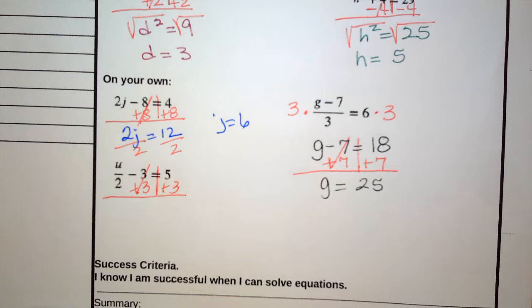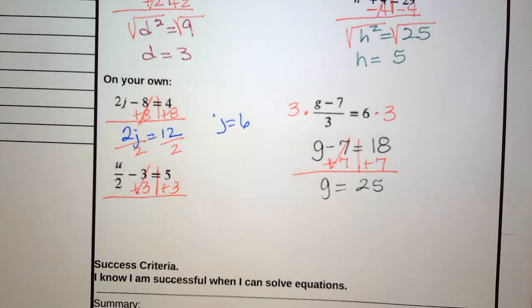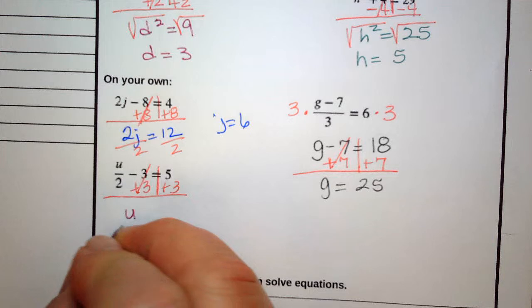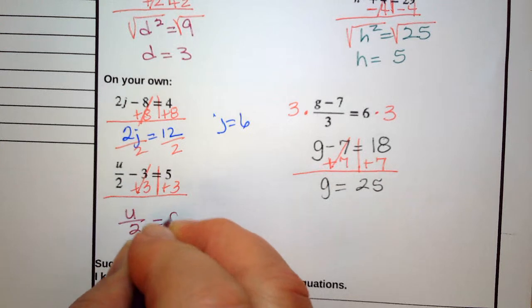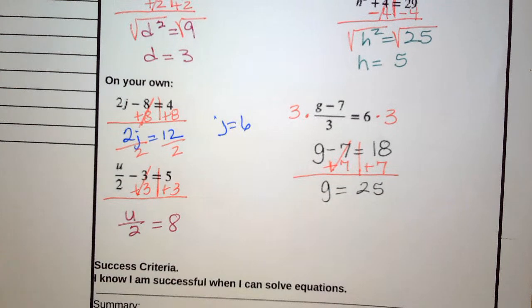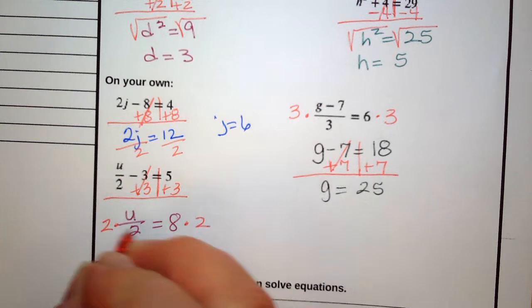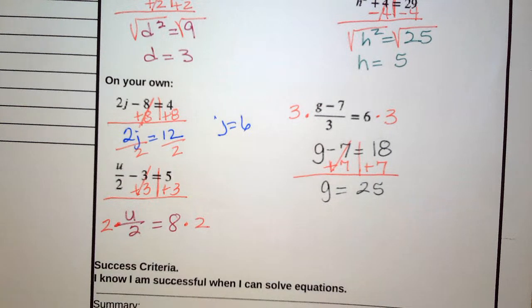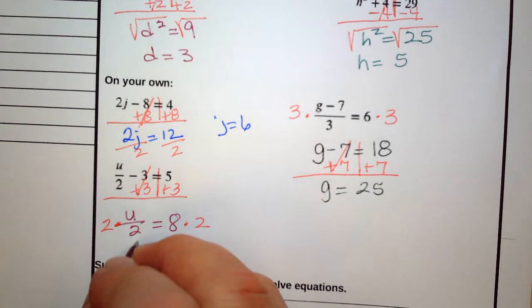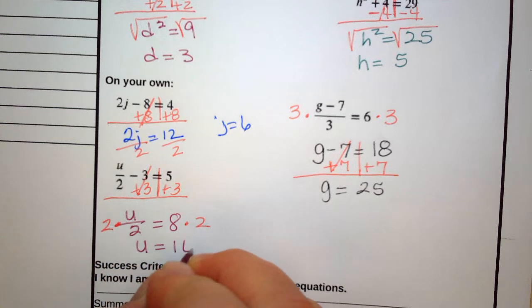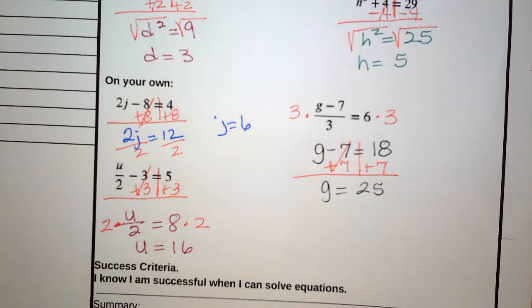U divided by 2 is equal to 8. I've divided, the opposite is to multiply by 2 on both sides. U is equal to 16. Sixteen divided by 2 is 8. 8 minus 3 is 5, and I know I've done it correctly.